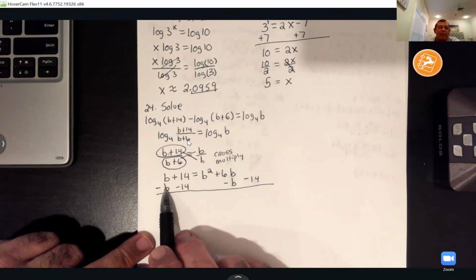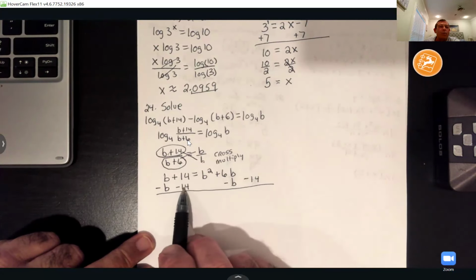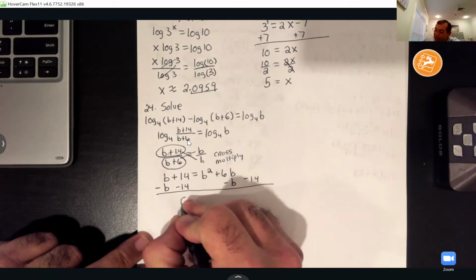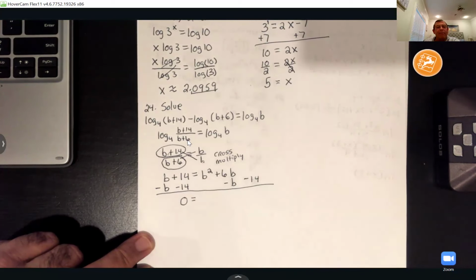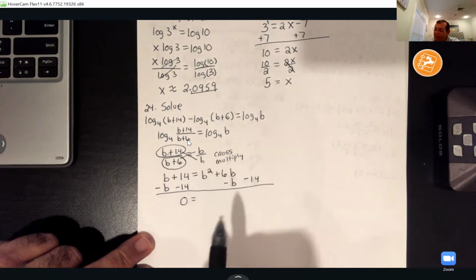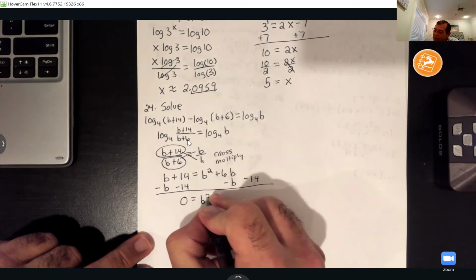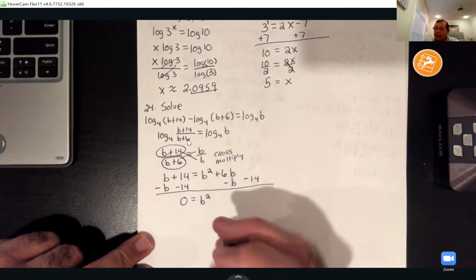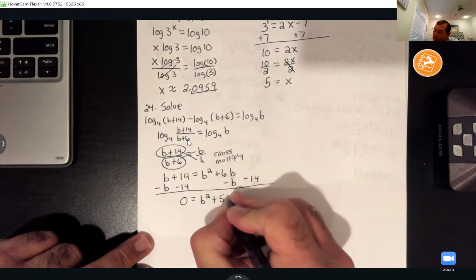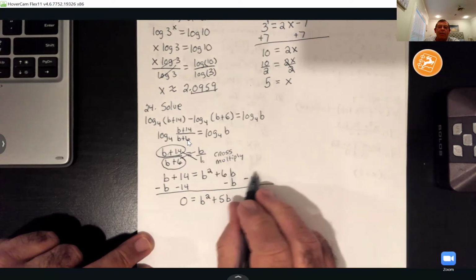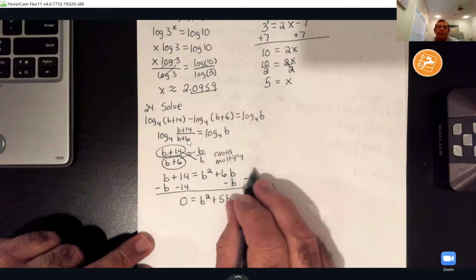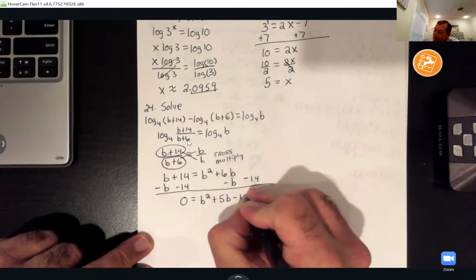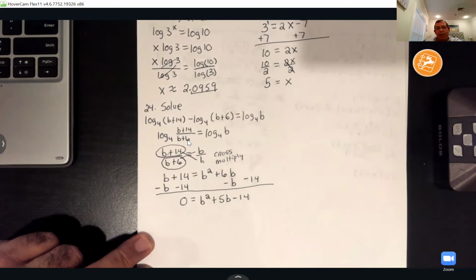So b minus b is 0. 14 minus 14 is 0. So y'all, that left side is a big 0. Over here, I got my b squared. 6 minus 1 is 5b. And then the negative 14 didn't have nothing to subtract from, so I'll bring it down as a negative 14.